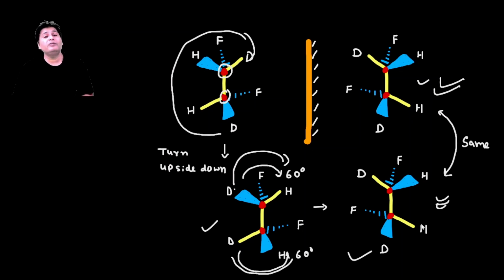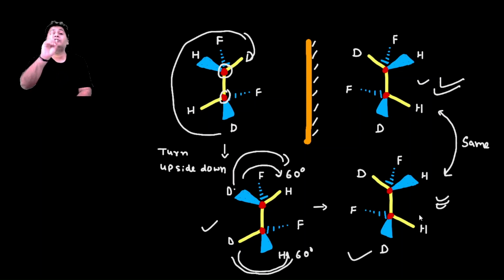So what does it reveal? It reveals that although it had more than one chiral carbon, that is two chiral carbons, still the two mirror images were superimposable on each other. So the presence of more than one chiral carbon does not guarantee the chirality of the compound.